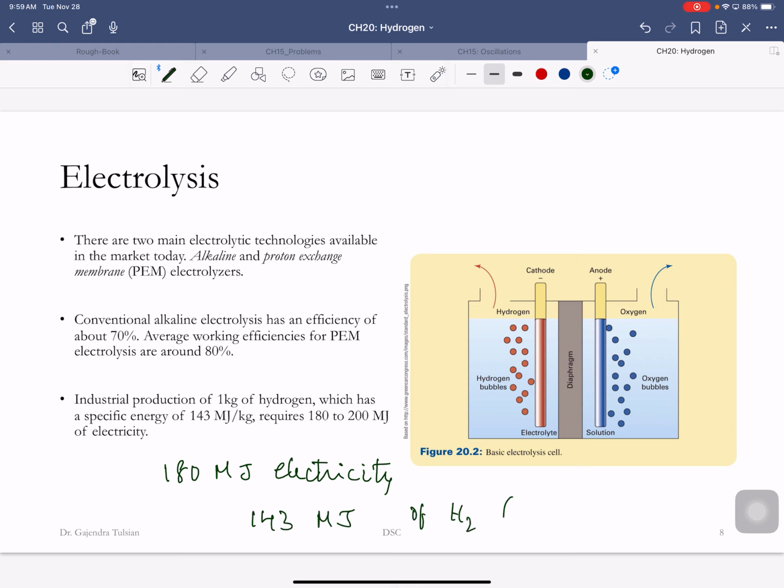What you're doing is you're producing 1 kg of hydrogen. So 143 divided by 186. So you spent this much money and you stored this much energy is what that number means. Did you guys understand that? And I'm going to calculate that.